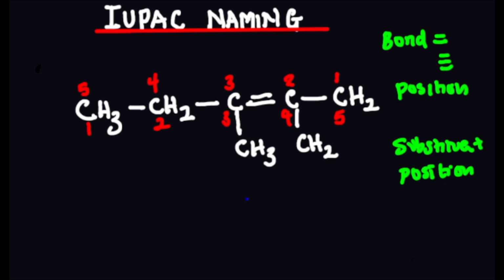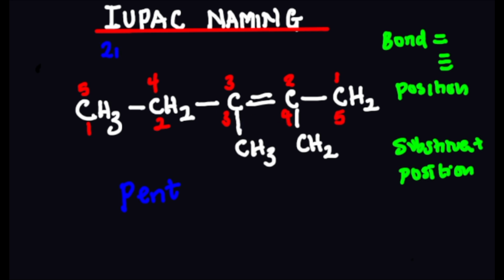Now let's go ahead and name this one. You are having 1, 2, 3, 4, 5, right? 5 carbon atoms simply means the compound is actually pent, right? That is pent, it's 5. And the reason I'm writing pent is because I can see that there is a double bond here on position 2 and 3 if I'm numbering forward, but if I'm numbering backward, it's on position 3 and 4, right?